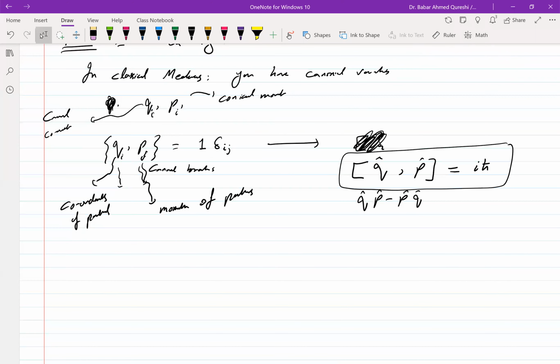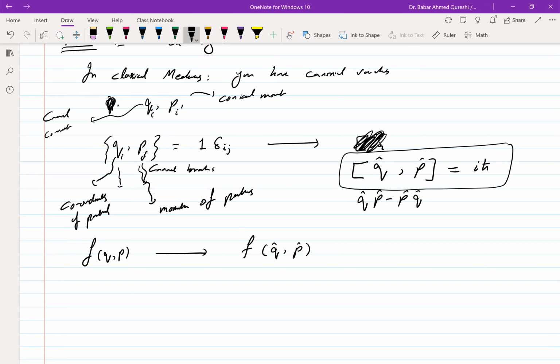In classical mechanics, all other quantities are functions of these, like momentum, angular momentum and others. So this quantization process tells you, in that function, replace the coordinates with these operators.